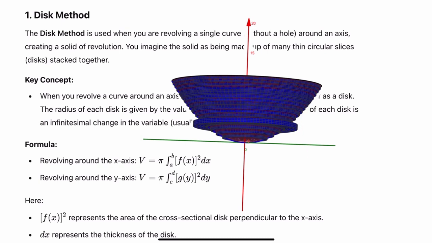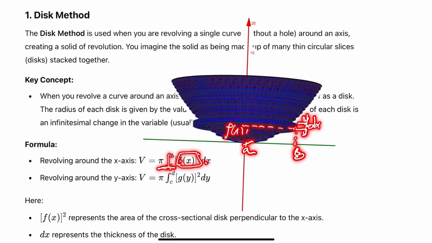For example, if we take this disk, this is the thickness of the disk, and this is the x. At this point you have your x, your f of x, and your dx. The volume here is exactly this, from point A to point B: the integral from A to B of f of x squared dx.